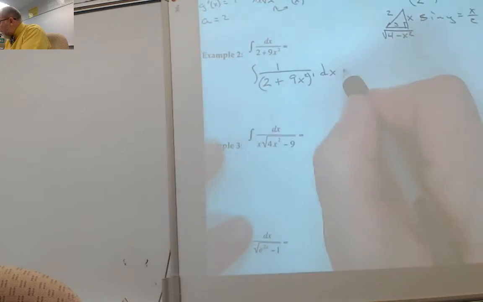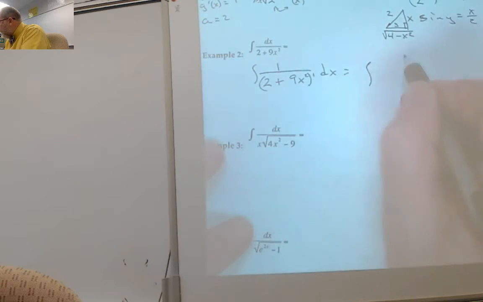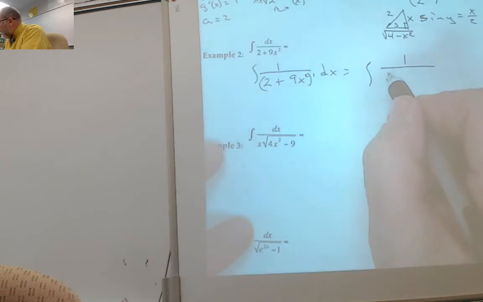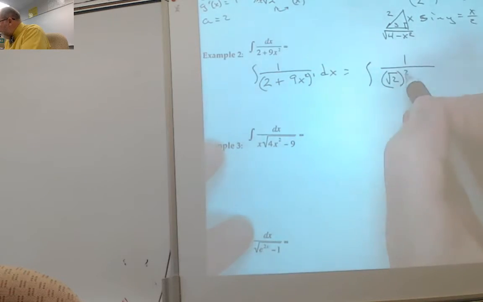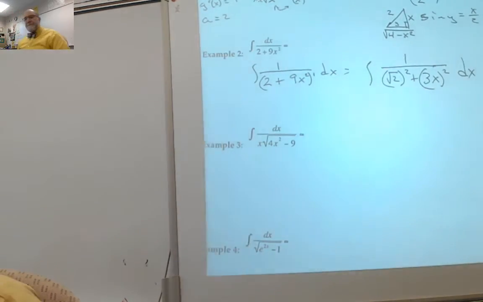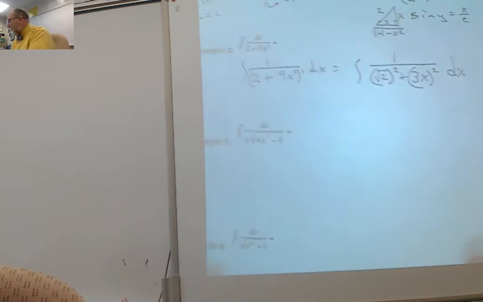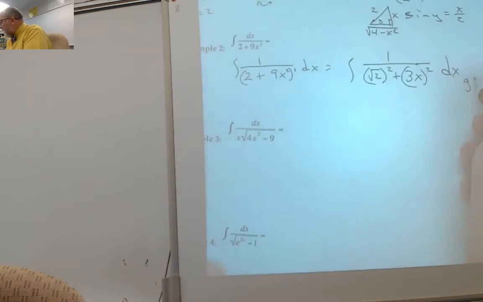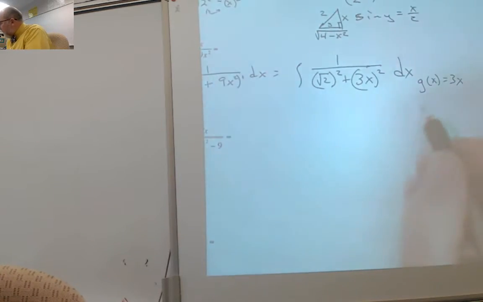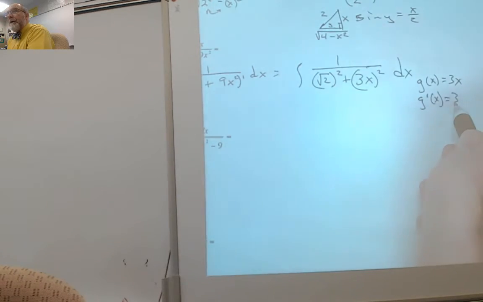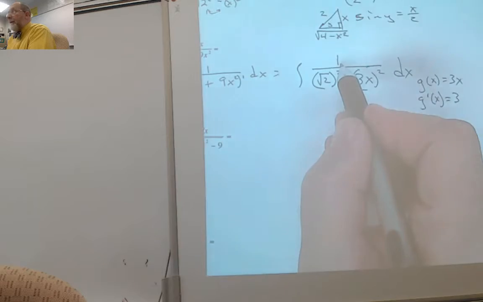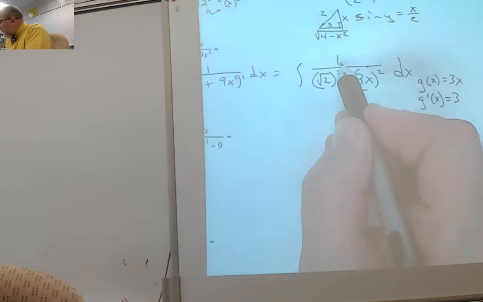So I'm going to rewrite it so it looks like this. The square root of 2 squared plus 3x squared dx. So I'm thinking g of x equals 3x. Its derivative better be what? 3. And I don't have a 3 here. But I've learned how to fix that.